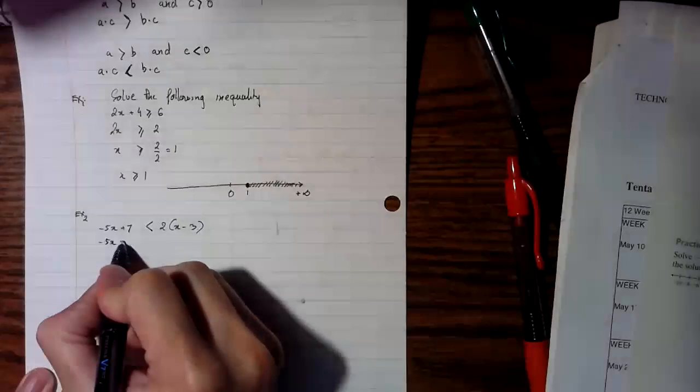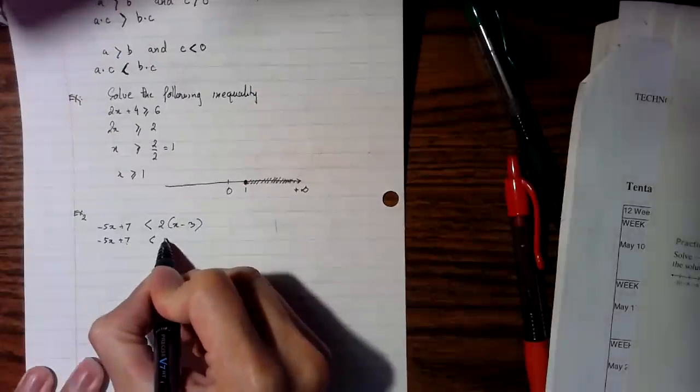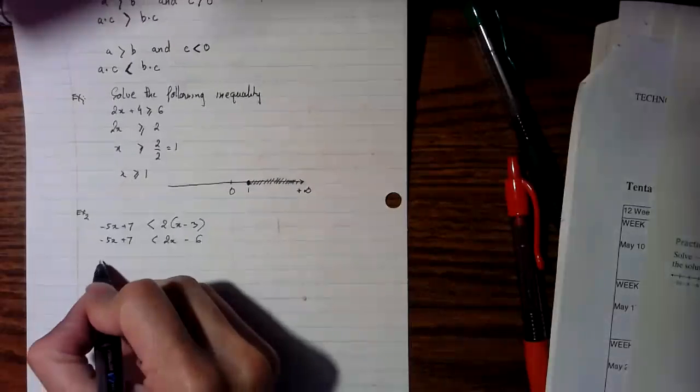So every time you see parentheses, you distribute it. So I keep this, distribute it, and I get 2x minus 6. And remember, all the x terms must be isolated to one side. So I always isolate them to the left. It means I need to get rid of 2x. I subtract 2x from both sides. That gives me negative 7x.